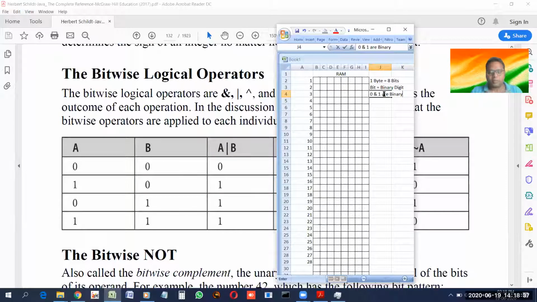When a computer works, signals of low voltage, high voltage, low voltage, high voltage run all along the computer when it is on, and those electronic signals represent 0 and 1.